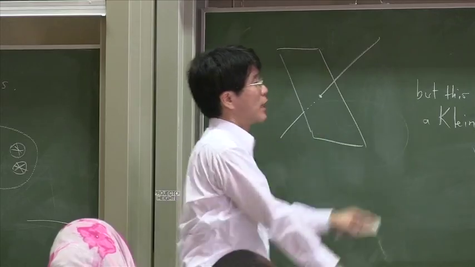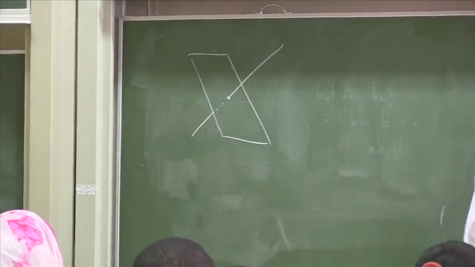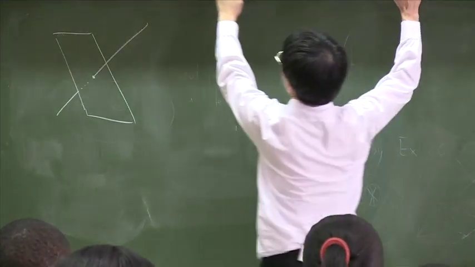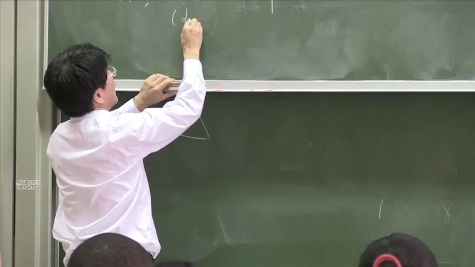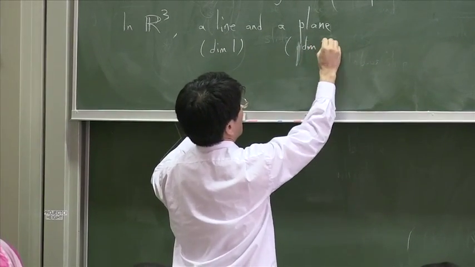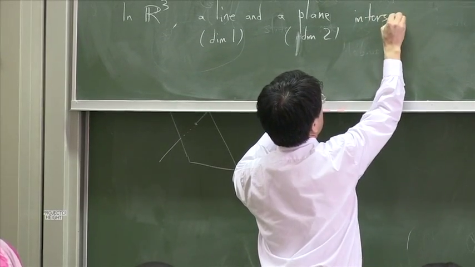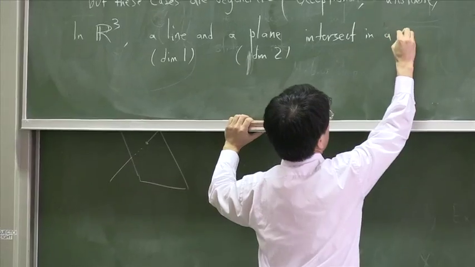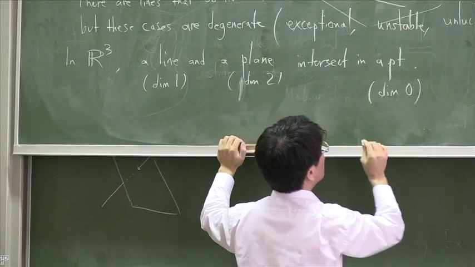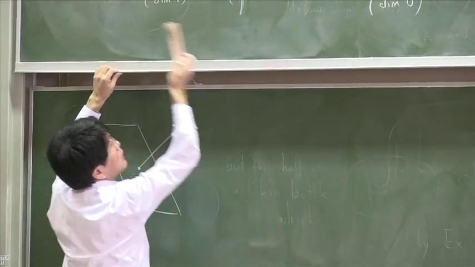There might be cases when they're parallel, but that's going to be quite unlucky. So a line has dimension 1 and a plane has dimension 2, and they intersect in a point, which has dimension 0. Again, you note that 1 plus 2 minus 3 is 0.